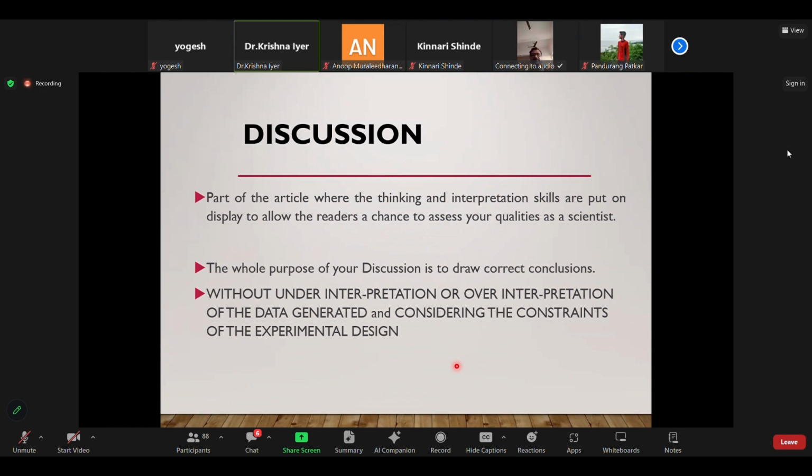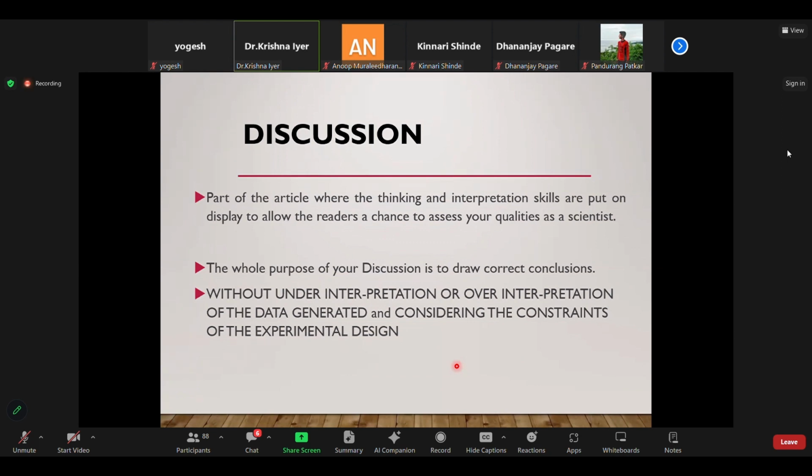This is where all your skills of being a scientist and putting your thought towards the problem at hand and interpreting the results that you have generated are all put on display, so that the readers have a chance to assess not only your science but also your qualities as a scientist, in terms of being able to make sense of the data that has been generated and thinking many times out of the box and looking at the non-obviousness of the results that you have generated, but which have relevance. The end result of your discussion is to actually draw correct conclusions.